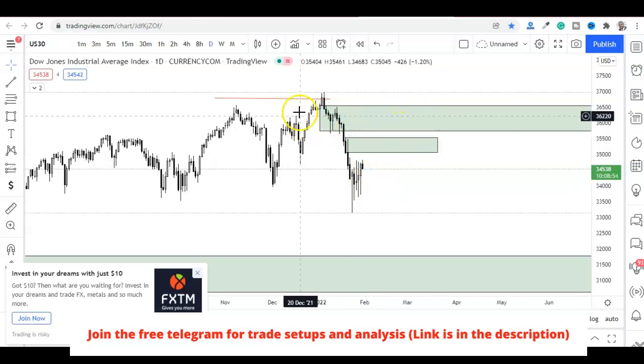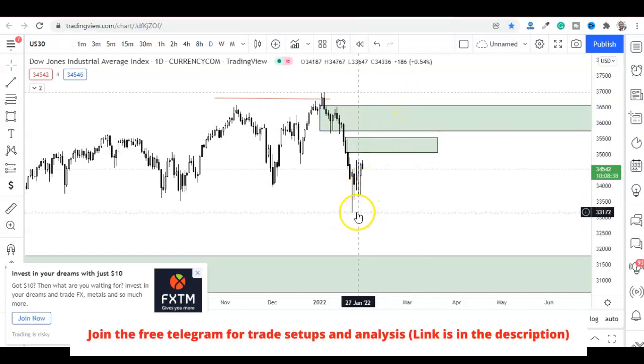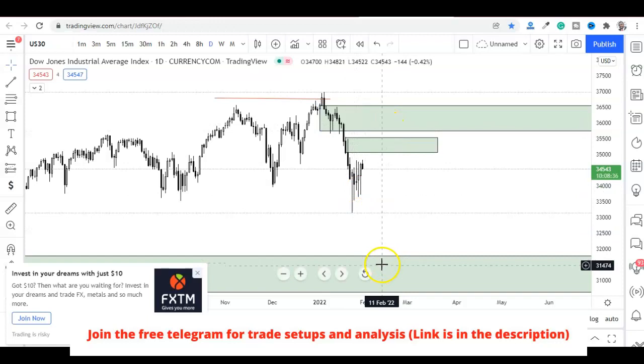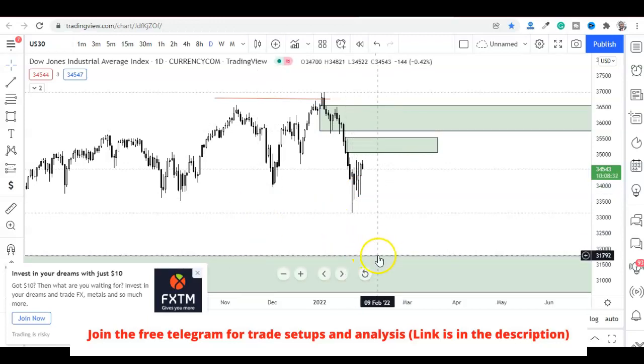Because we are expecting a downward push in US30, this is the area I'll be looking to sell from: 35,067 and around 35,735. So I'm looking to sell. My first target will be taking this low and then moving down to the area of inefficiency to mitigate.